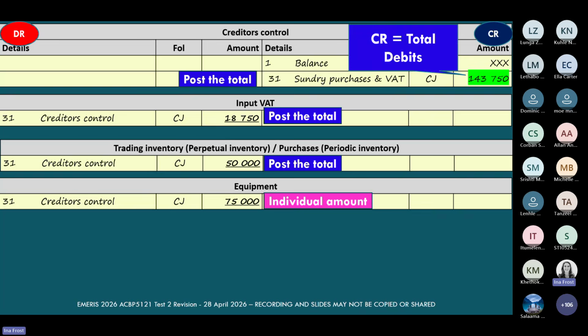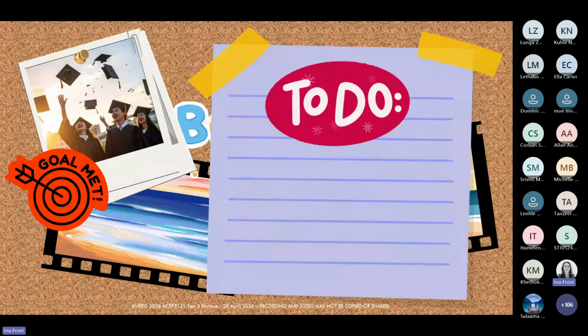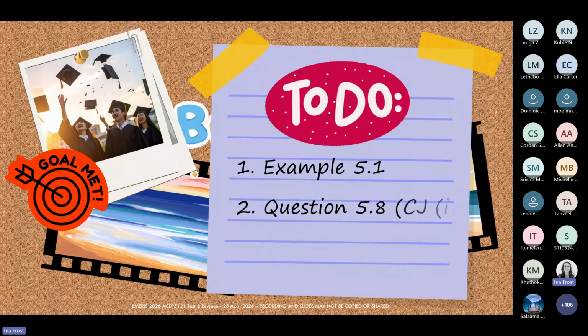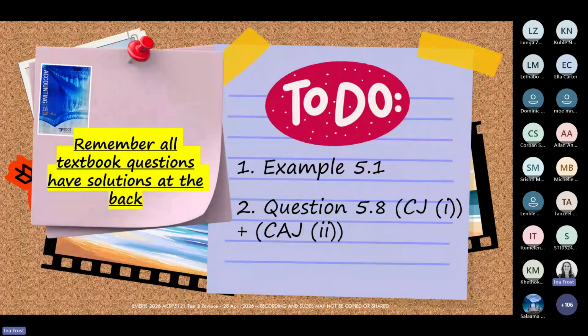This is a double entry, so the total credits must equal the total debits. If you want to practice creditors' journals and creditors' allowances journal, go to example 5.1. Question 5.8 has got a creditors' journal and a creditors' allowances journal.